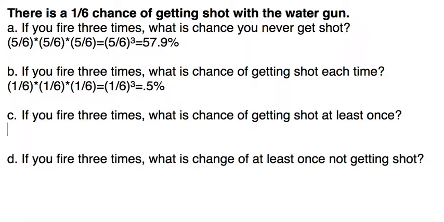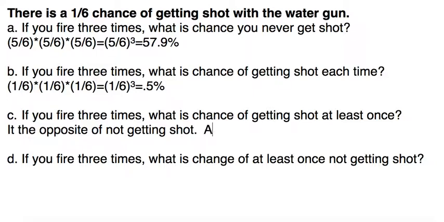Right? So now I'm also going to ask you questions which are kind of the opposite, or the complement, of those. If you fire that gun 3 times, what's the chance of getting shot at least once? Well, if you think about it, that's the opposite of getting shot no times. So it's the opposite of not getting shot, right? So the chance that you're going to get wet, that you're going to get hit at least one time out of the 3, is the opposite of never getting shot.